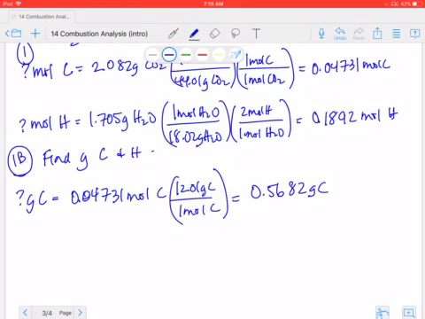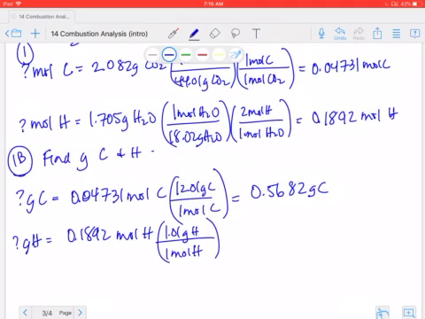And this is going to be 0.5682 grams of carbon. Then we're going to use those moles of hydrogen to find grams of hydrogen. Again, just doing molar mass here. And this is going to get us 0.1911 grams of hydrogen.